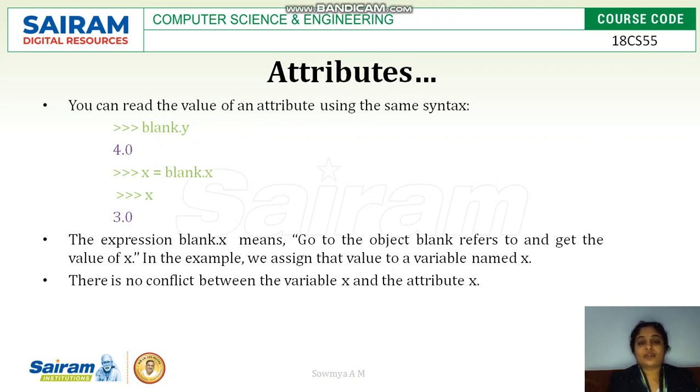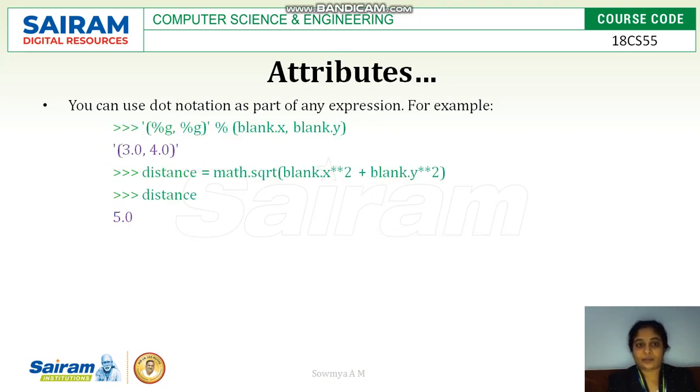If you want to fetch the values from attributes, then we can directly give the instance name dot variable name, so it will give you the value, or we can assign that value to one more variable like x is equal to blank.x, and then we can take the value of the x attribute.